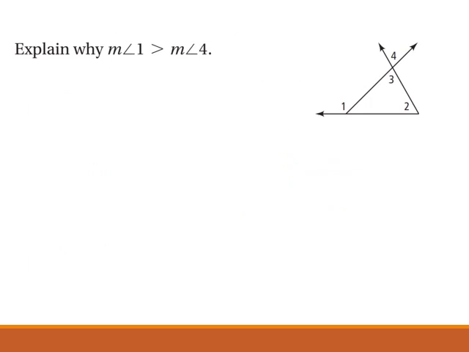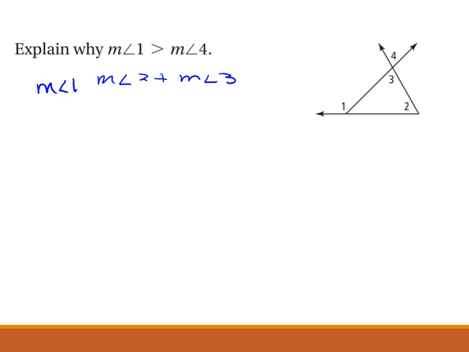So why is the measure of angle 1 greater than the measure of angle 4? Well, by that corollary, we know that the measure of angle 1 is equal to the measure of angle 2 plus the measure of angle 3. Okay.